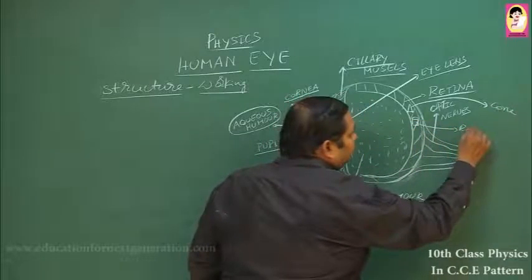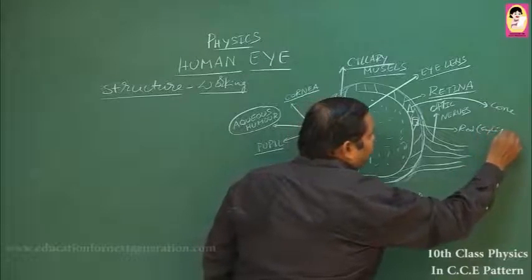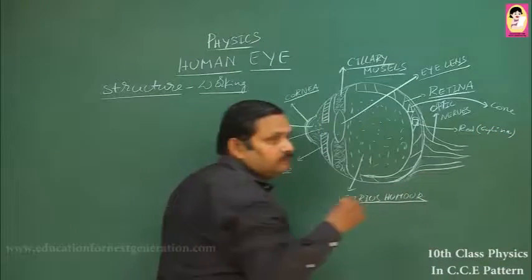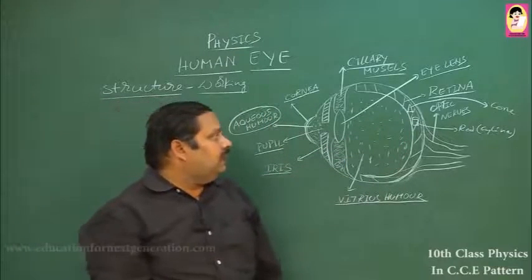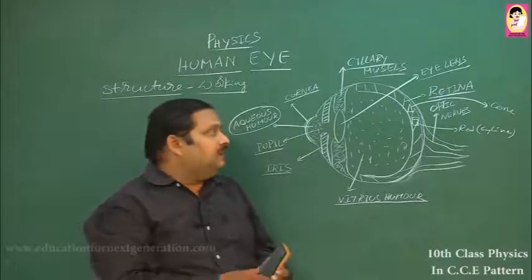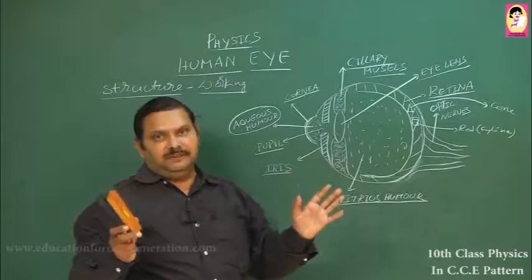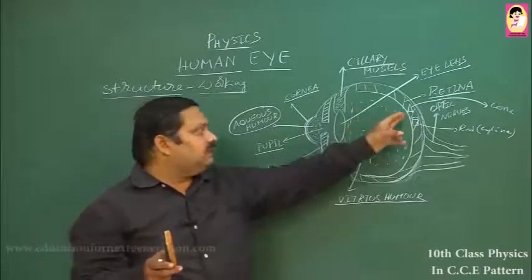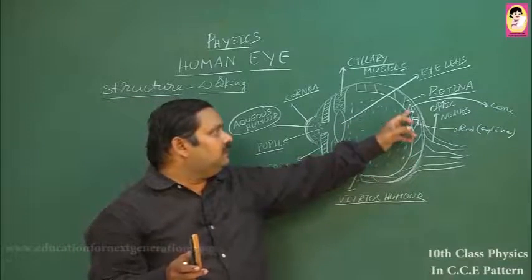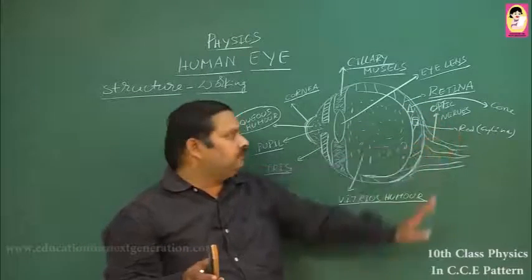A rod is a cell in the shape of a cylinder. So, there are two optically sensitive cells on the surface of the retina. The number is very high. There are lakhs of rod cells and lakhs of cone cells.